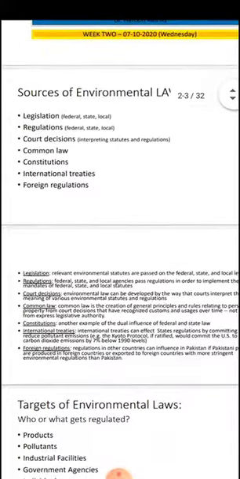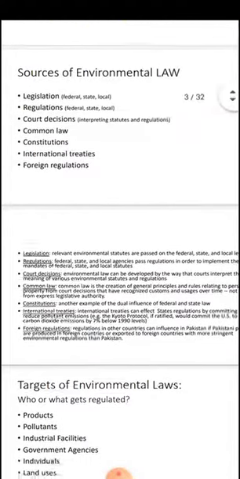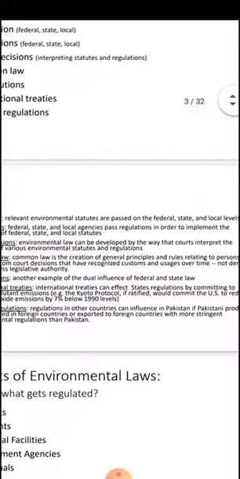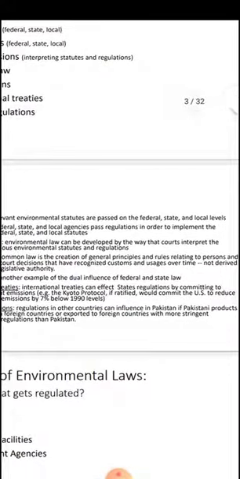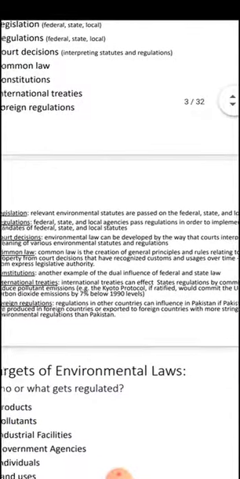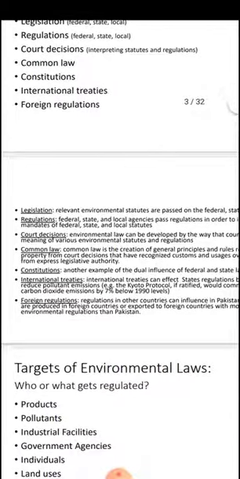So what is legislation? Legislation is relevant to environmental statutes which are passed on the federal, state and local levels. So these have to come through our institutions which are like parliament. So we have to follow the process which includes a debate, which includes the actual documentation of the law.